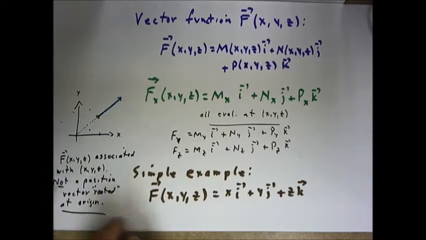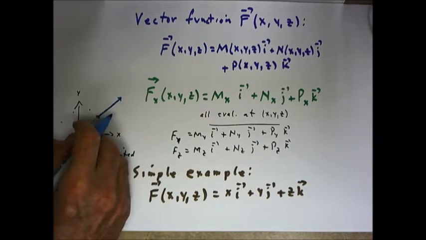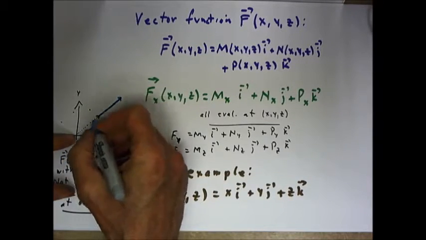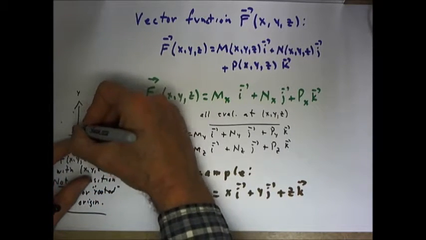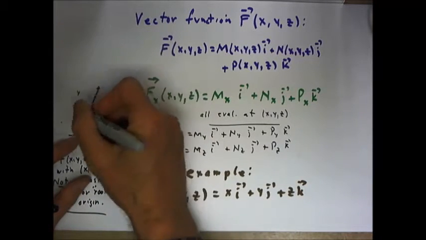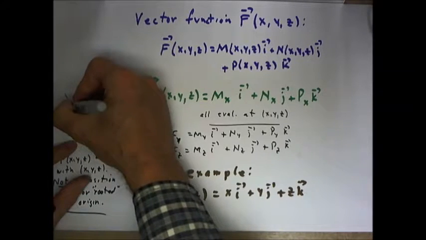That would be equal to the vector xi plus yj plus zk, but it's no longer a position vector, so we're going to take a vector of this direction and magnitude and tack it on to this point. And similarly, at this point, we take our position vector and so forth.